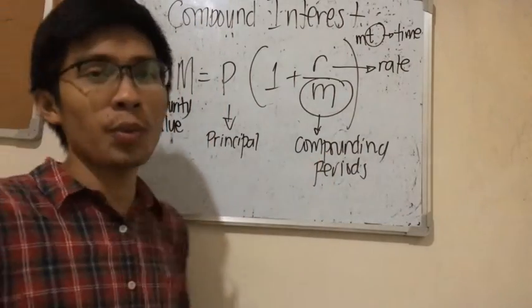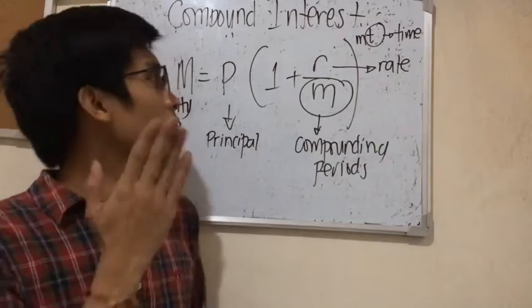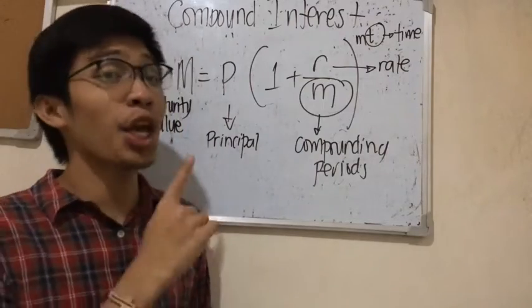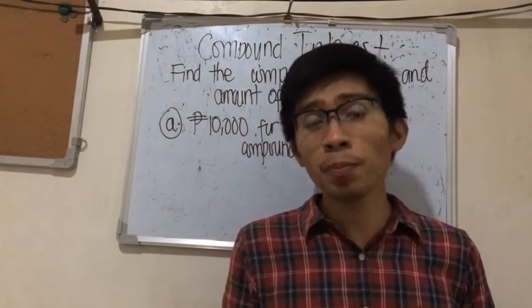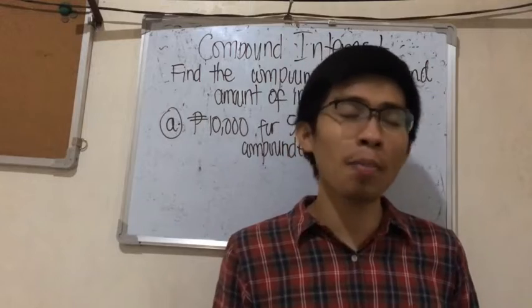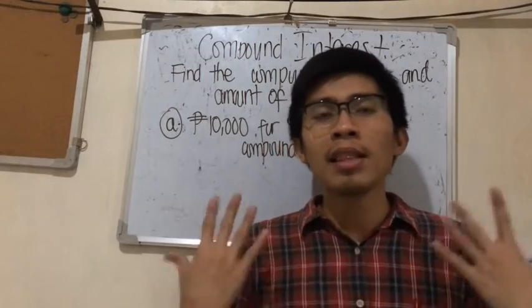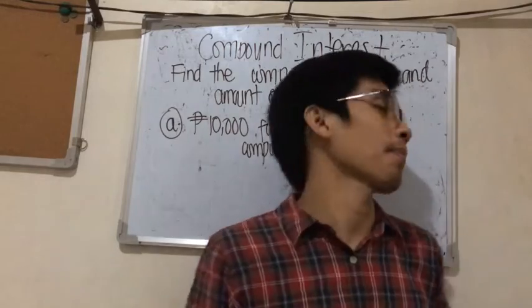So this is the formula for compound interest. Now, let's try to solve problems involving this formula. I already defined to you the compounding periods and at the same time the formula for compound interest. This time, let's try to solve problems involving compound interest.